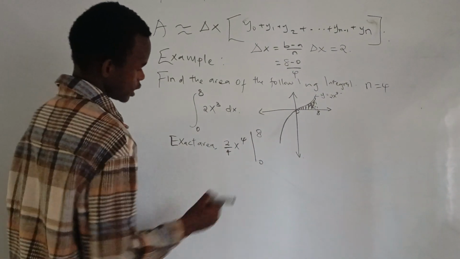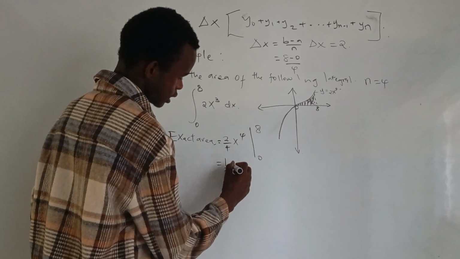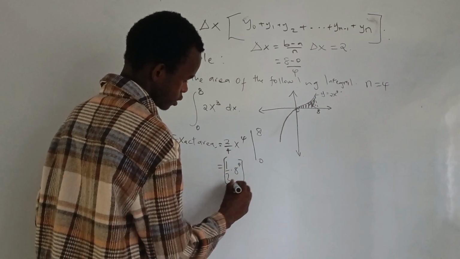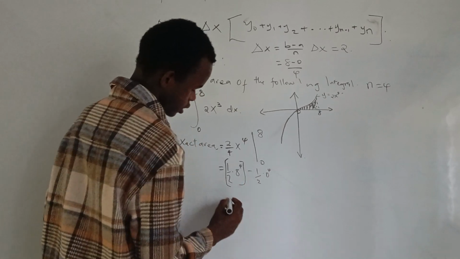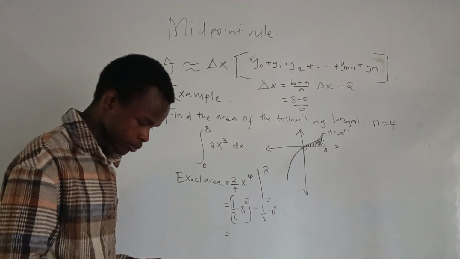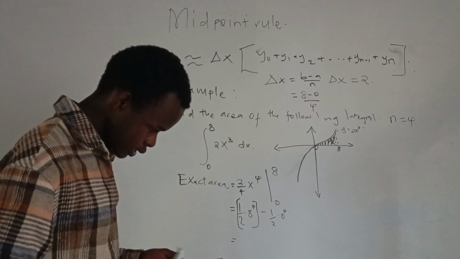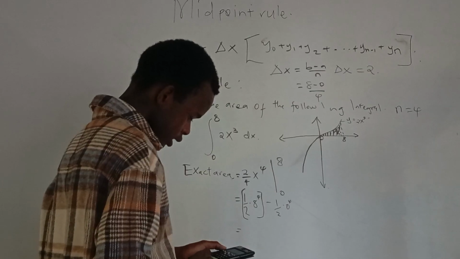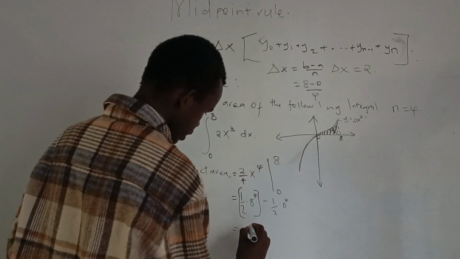So the exact area will be a half multiplied by 8 to the fourth, minus a half multiplied by 0 to the fourth. I'll get 8 to the fourth, divided by 2.